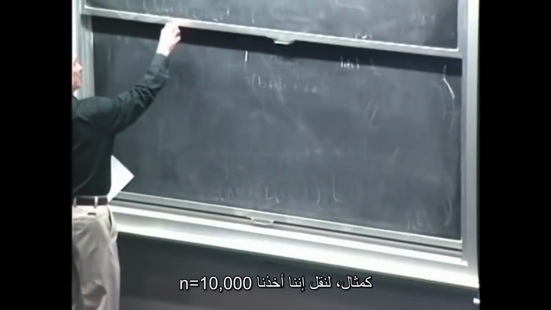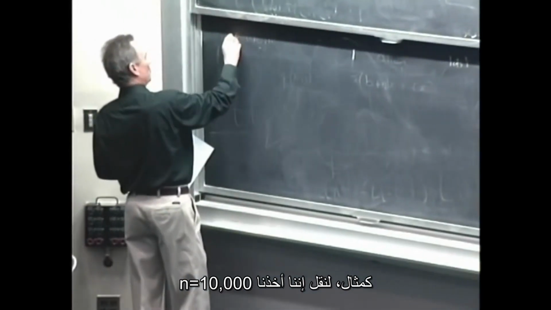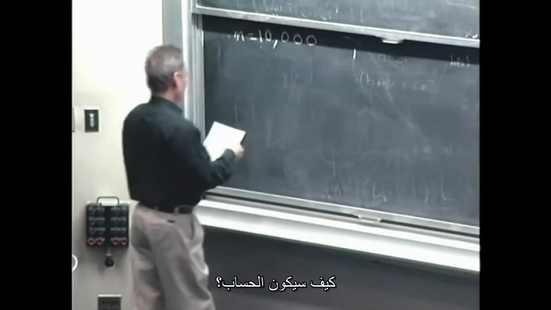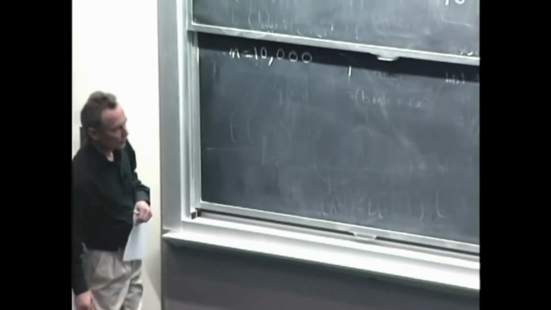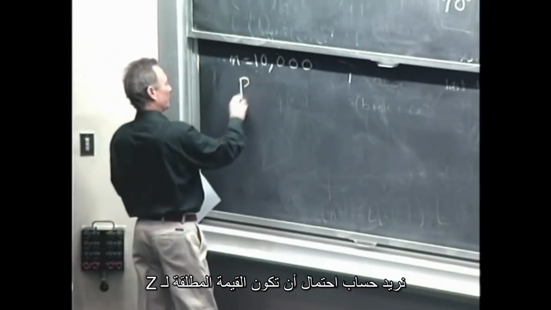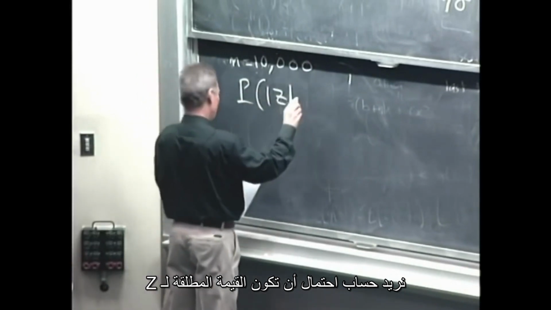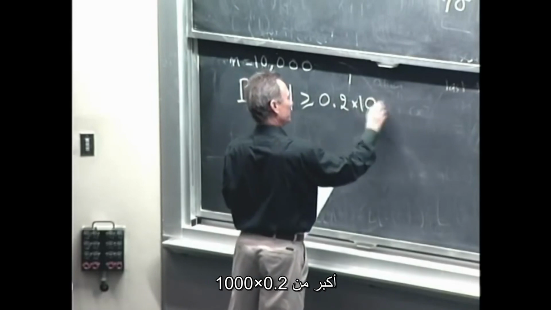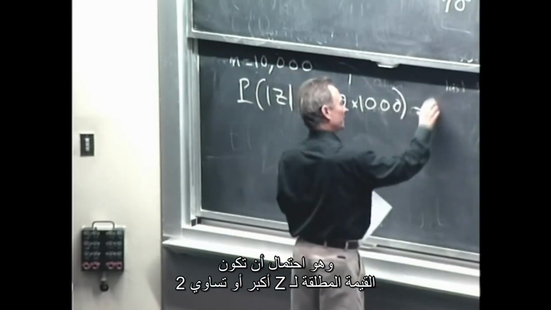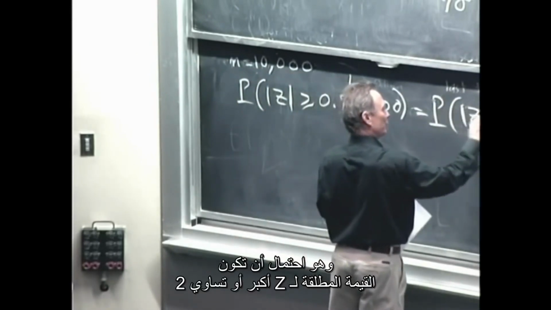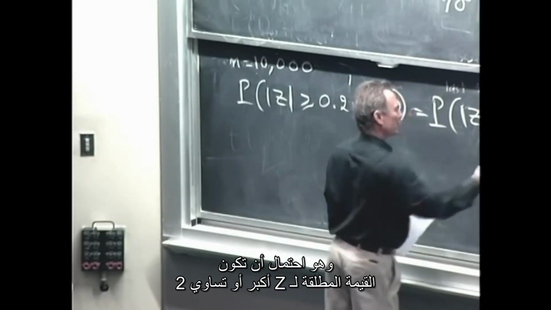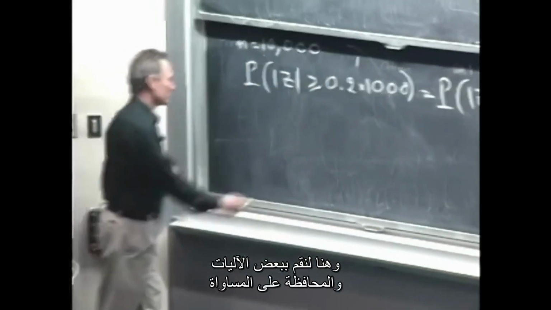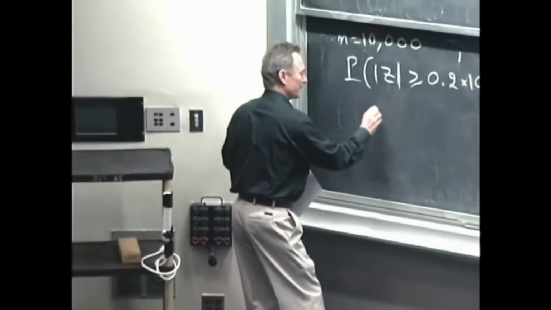So for example, let's say that we take n to be 10,000. How's the calculation going to go? We want to calculate the probability that the absolute value of z is bigger than 0.2 times 1,000, which is the probability that absolute value of z is larger than or equal to 2. And here let's do some mechanics just to stay in shape.